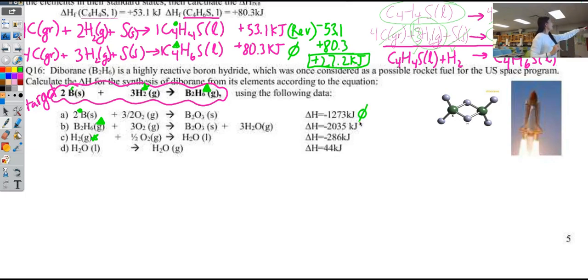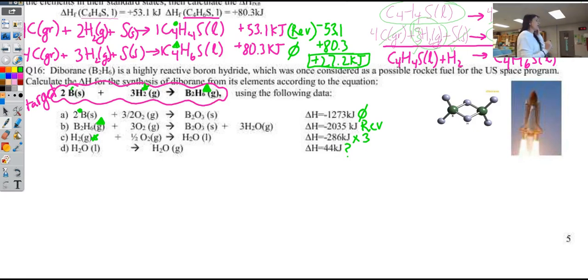Second line, my triangle here, the coefficient's the same, but it's on opposite sides. So this one I am going to reverse. Third line, my H2 gas, reactant side, great, but it's times 3. So I have 3 moles of my H2. And then the last line, I don't know what I'm doing to this yet, okay? So I'm going to put a question mark here because I'm not exactly sure.